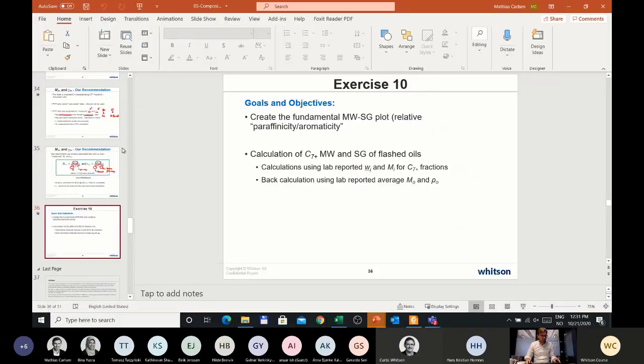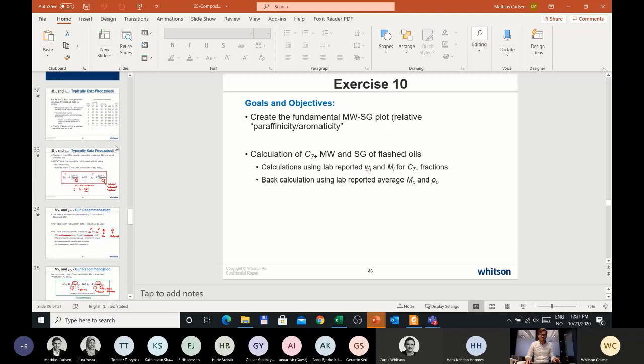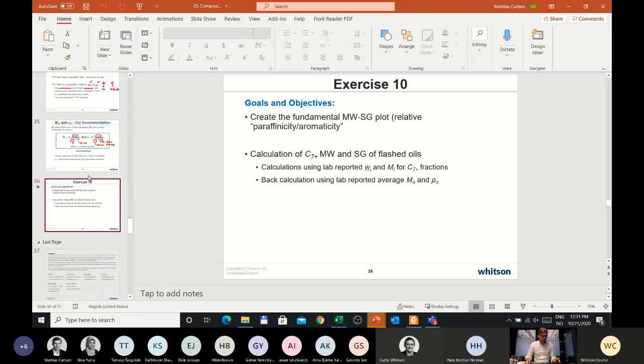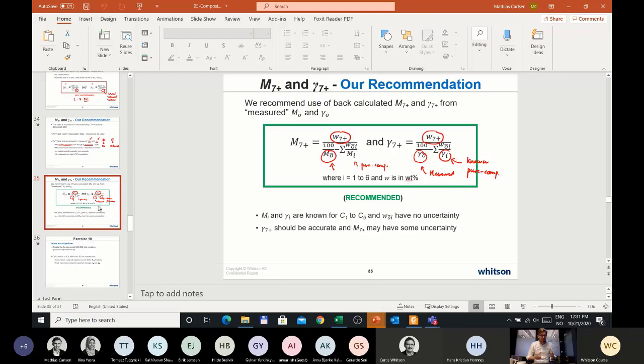This is to wrap up this brief section, but I think it is an important part, which is how we correctly back calculate molecular weight C7+ and specific gravity C7+ with this particular formula in the PVT reports, because that's typically not done for us. As we mentioned, the reported molecular weight C7+ and specific gravity C7+ are just calculated based on arbitrary values, sometimes from Katz and Firoozabadi, and maybe also sometimes from this Whitson table we looked at the first day.